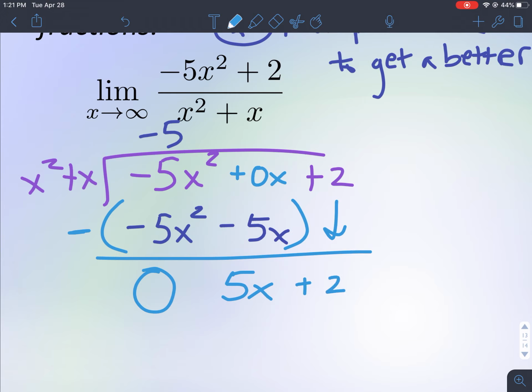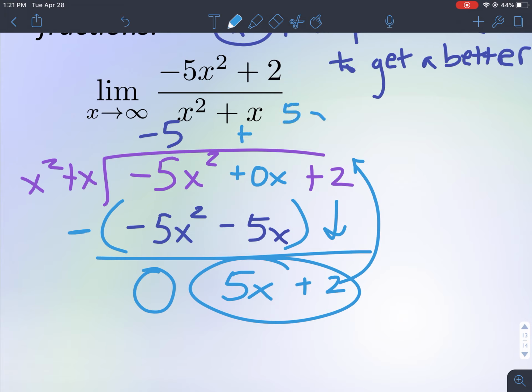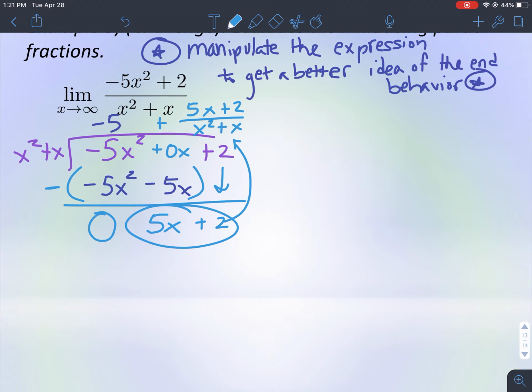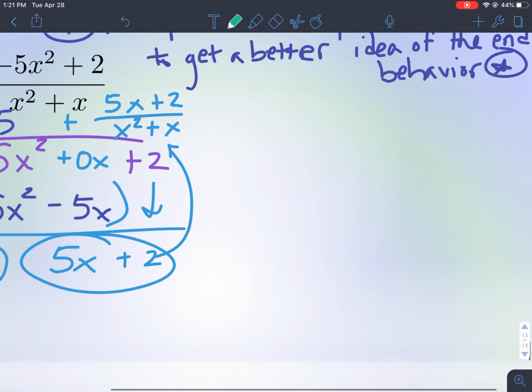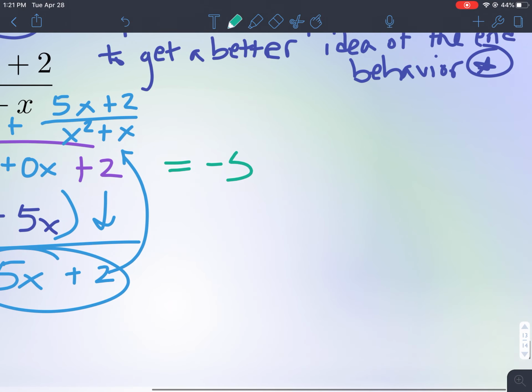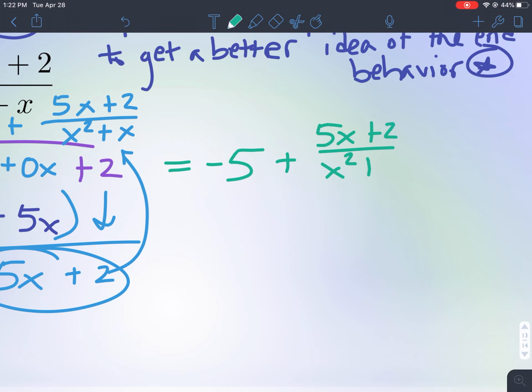We can't go any further than that. So now this is the remainder. Let's write it out again. So we're going to say this is negative 5 plus 5x plus 2 over x squared plus x.